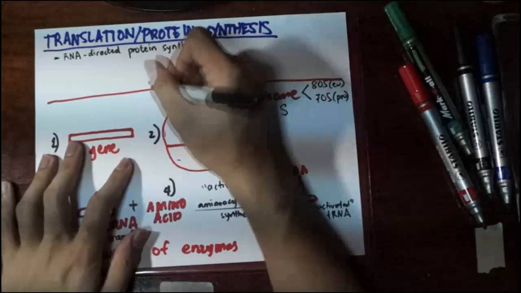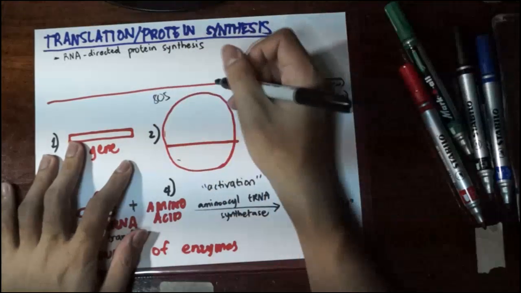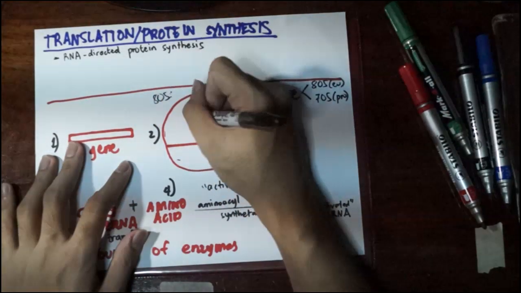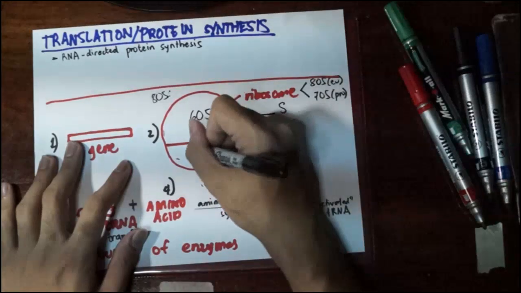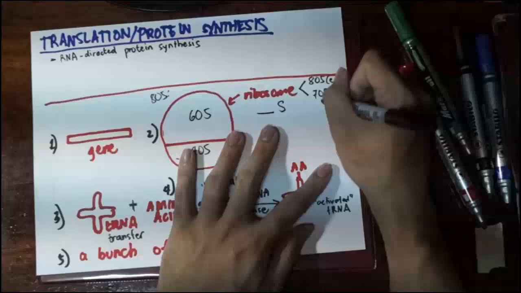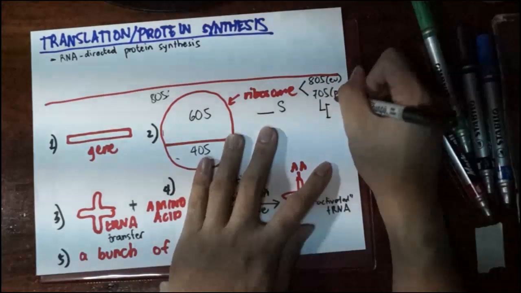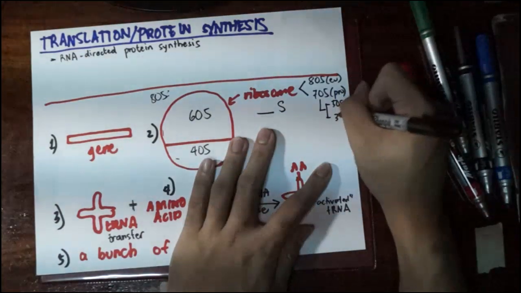The 80S is composed of a 60S subunit and a 40S subunit, while for the 70S, we have a 50S and a 30S subunit.